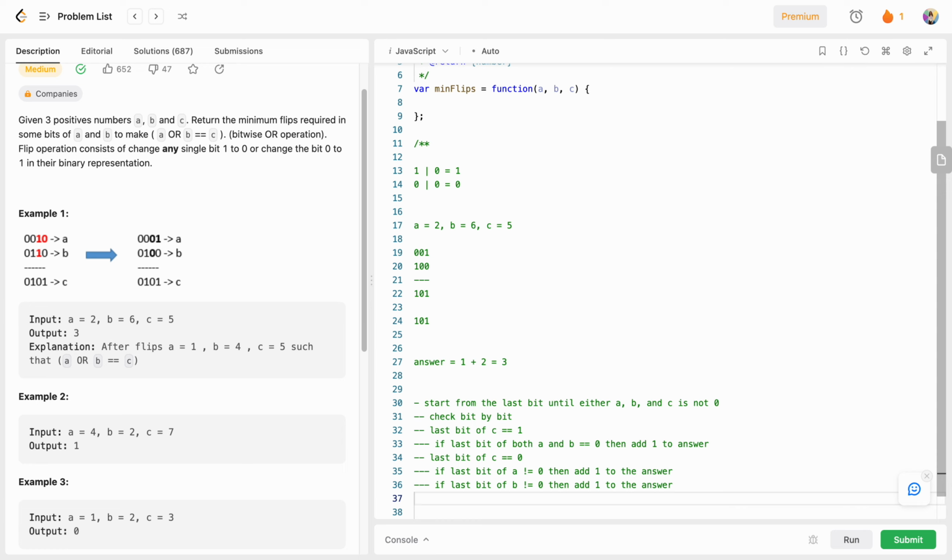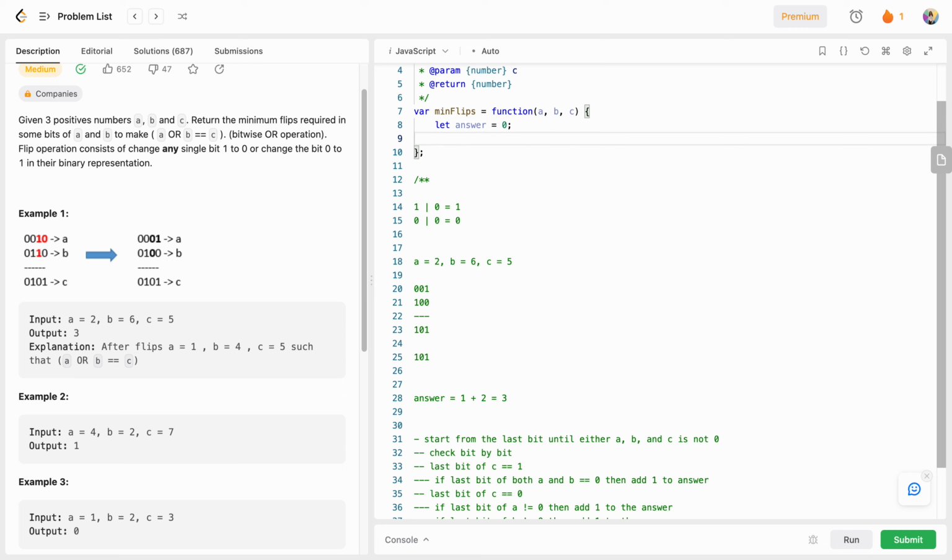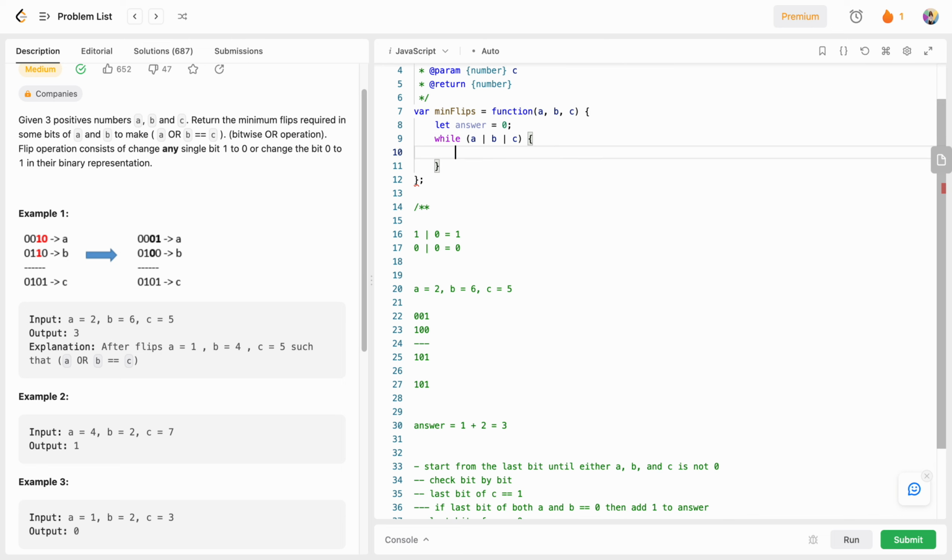So now that we have the algorithm ready, let's start our code. So what are we going to do first? Let us first create our answer variable, which will be equal to 0 in the beginning, and now we are going to loop until and unless A, B and C are not equal to 0.